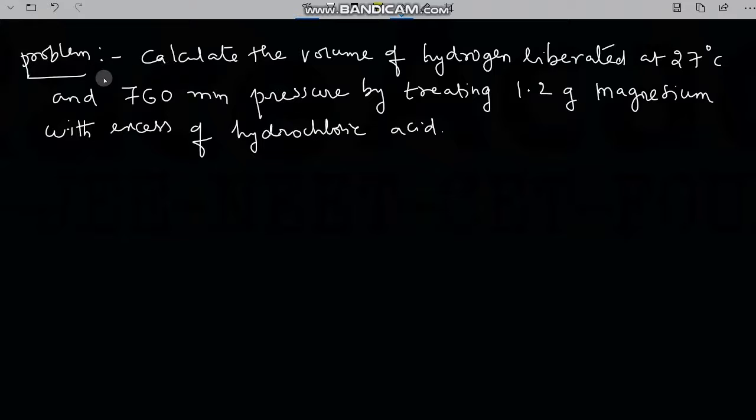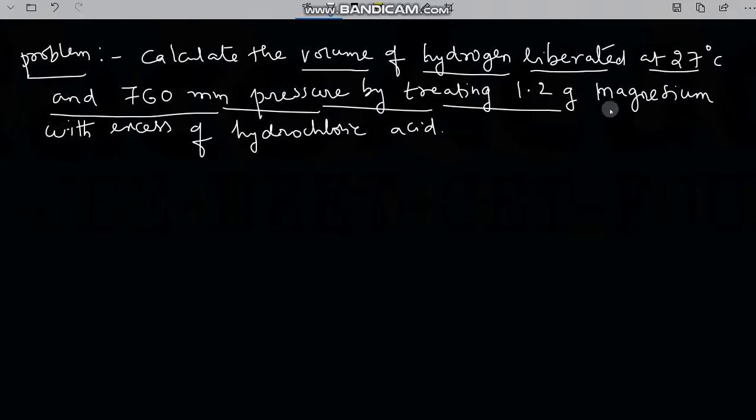Let us take this problem on the mass volume relationship. Here they are asking: calculate the volume of hydrogen gas liberated at 27 degrees Celsius and 760 millimeters pressure by heating 1.2 grams of magnesium with excess hydrochloric acid.